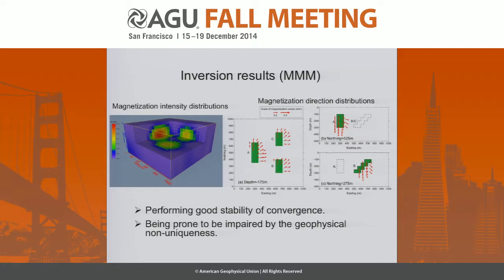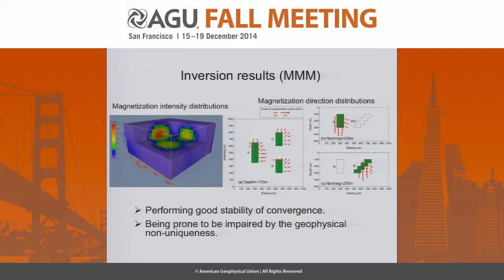In general, the inversion result is acceptable in terms of the distribution of the magnetization intensity and the stability of the convergence.